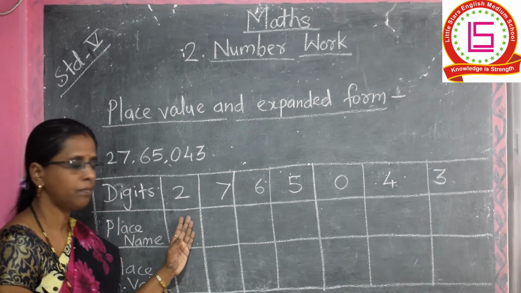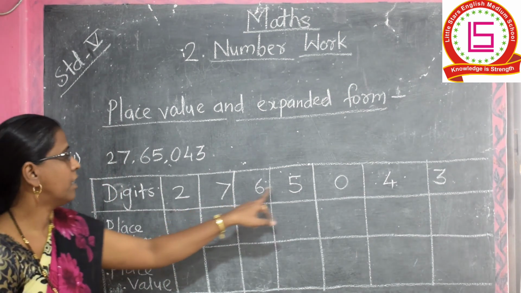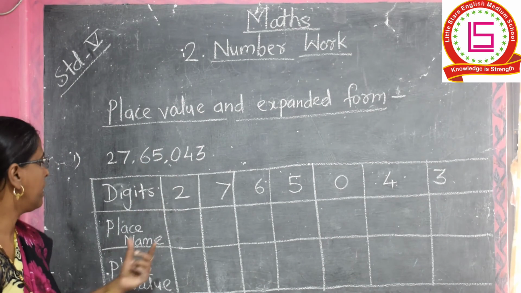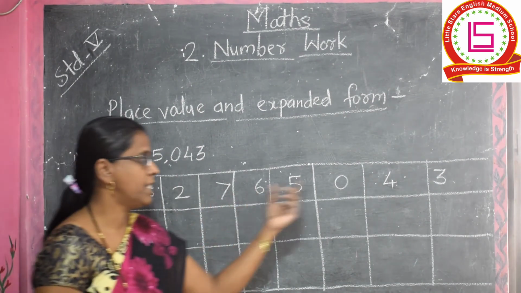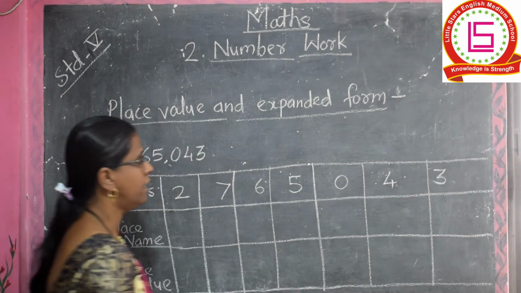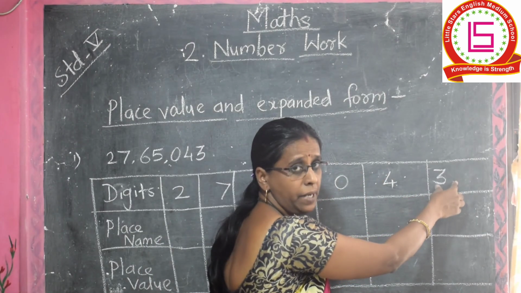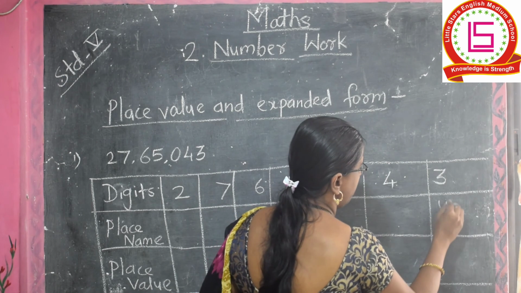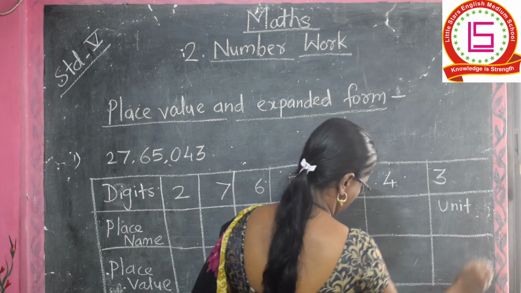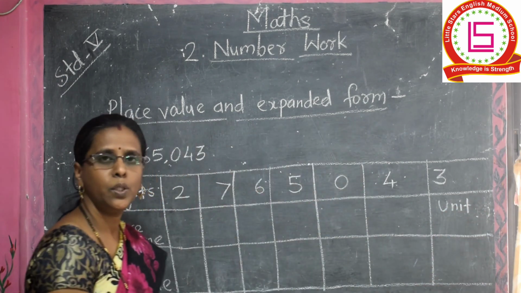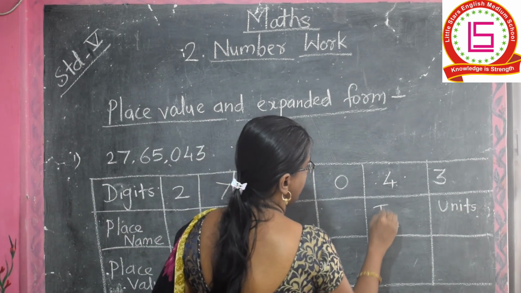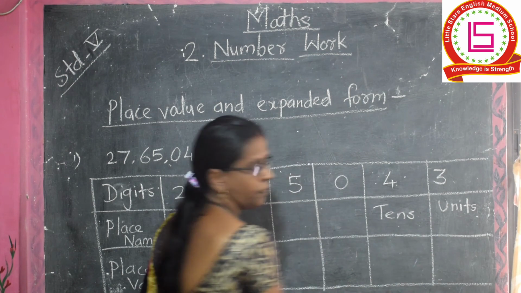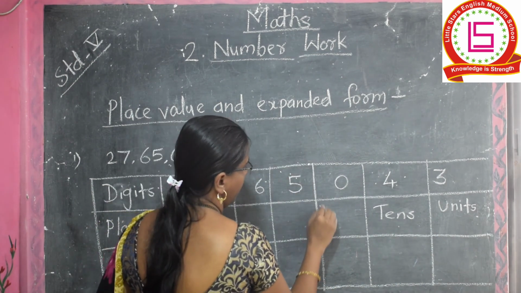See here, these are the digits of this number. Then write place name of these digits. See here, 3 is present at which place? At the unit place. After unit place, tens place. Then 100 place.